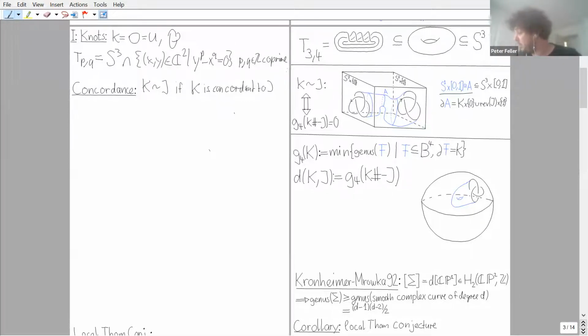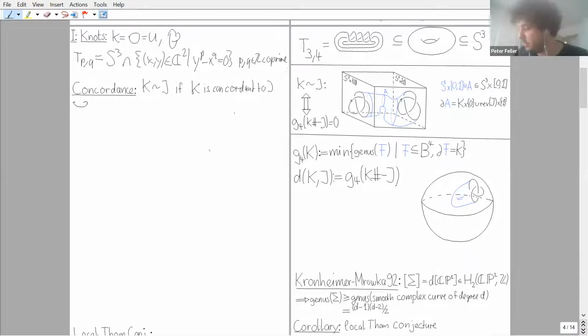Here's a picture of what concordance means. Concordance means you have an embedded smooth annulus in S^3 cross [0,1], such that on one side you get your knot K, and on the other side you get your knot J. You have to be careful about what happens with orientation.